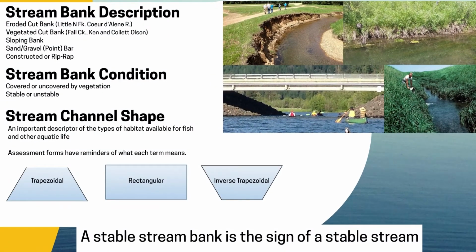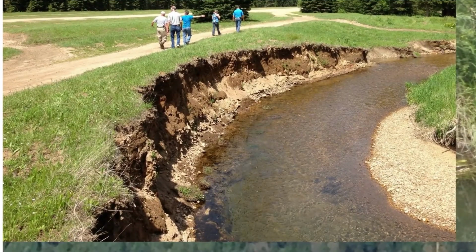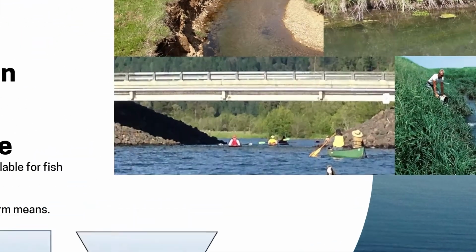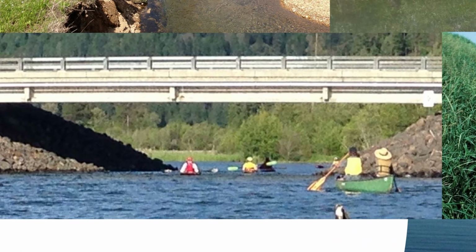Sloping banks are often found on the insides of bends, like here on the right, where the water velocity is reduced, allowing for sediment to deposit and slowing erosive forces. Sand and gravel bars, again like this one here on the right side of this picture, are often associated with these sloping banks.